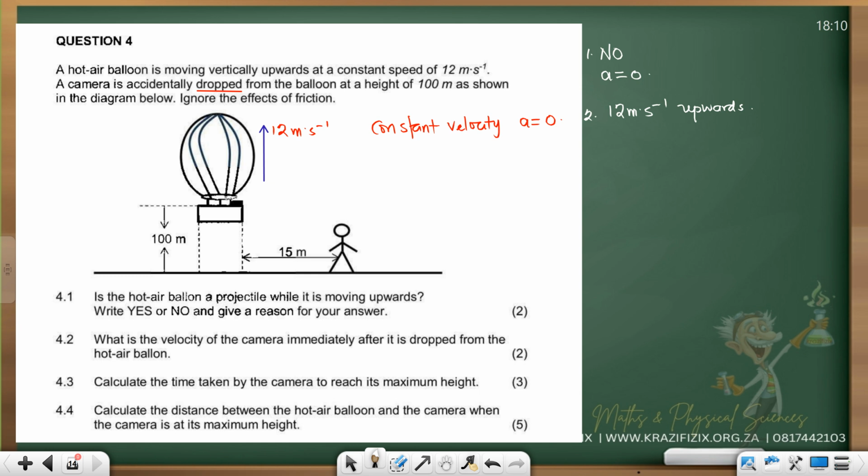If I were to draw the motion of the camera for you, this is what you're going to expect. Newton's first law of motion says an object will continue in its uniform motion unless acted upon. All right. So it goes up first at 12 meters per second. It reaches maximum height there, where the velocity is 0, and then calculate the time taken by the camera to reach its maximum height. Okay, let's see.